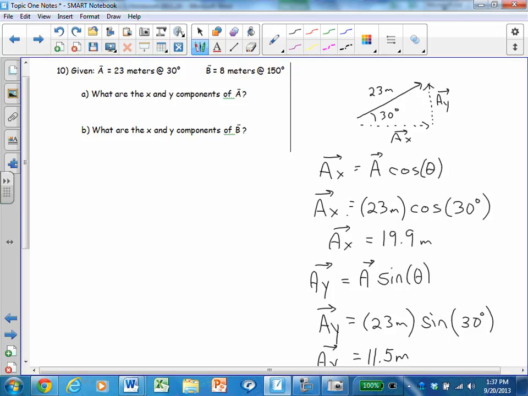So for that, we have 8 meters and we have BX and BY, okay? And this is the angle 150.